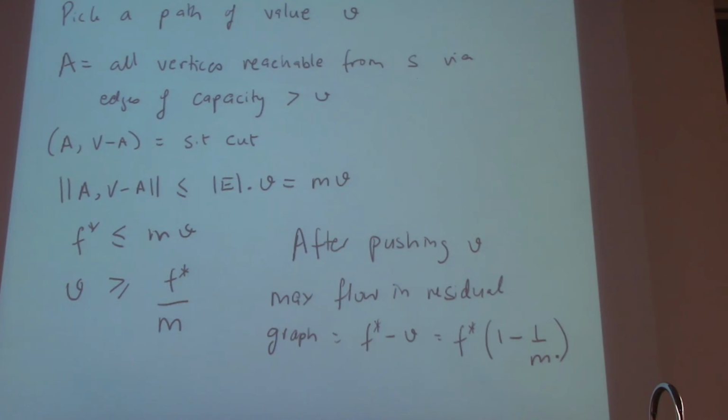So because the flow in one step, by pushing the maximum flow, reduces by this factor, we can say after k steps, the remaining flow that you need to capture, f star sub k, is less than or equal to f star times 1 minus 1 over m to the k.